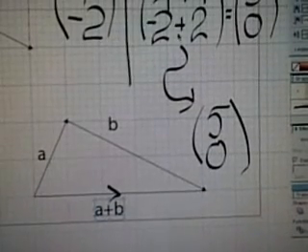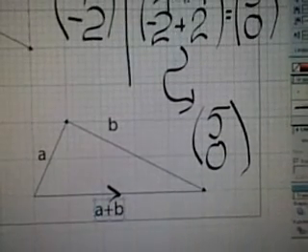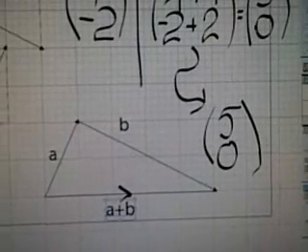The same as if we were to calculate 4 plus 1, 5, -2 plus 2, 0, and we will get 5, 0. That concludes the session.